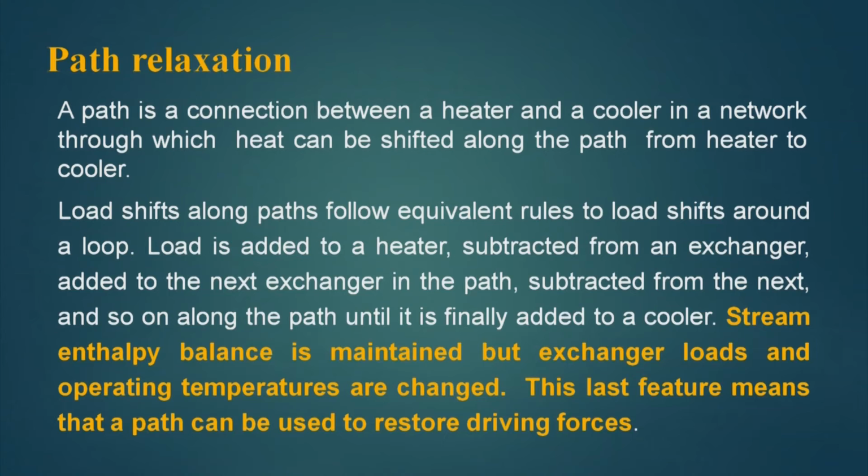Load is added to a heater, subtracted from an exchanger, added to the next exchanger in the path, subtracted from the next, and so on along the path until it is finally added to a cooler. Stream enthalpy balance is maintained, but exchanger loads and operating temperatures are changed.